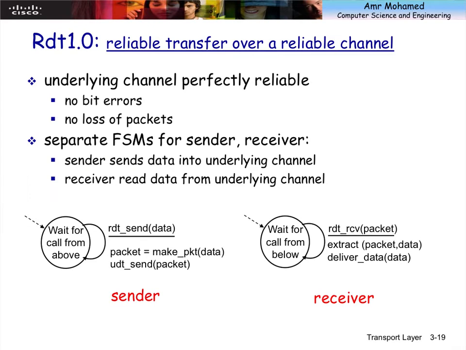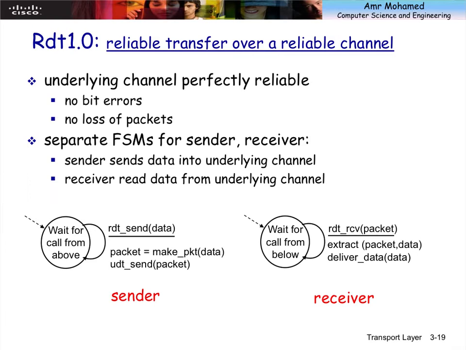Okay, we need to do something, until we call the function UDT send to the network layer. Okay, so we need to find this logic using finite state machines step by step.